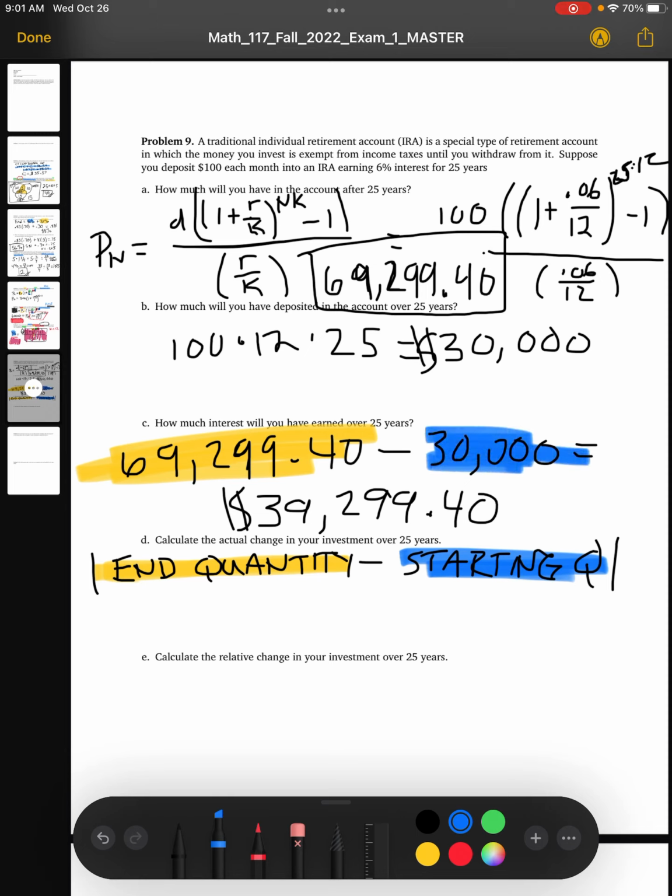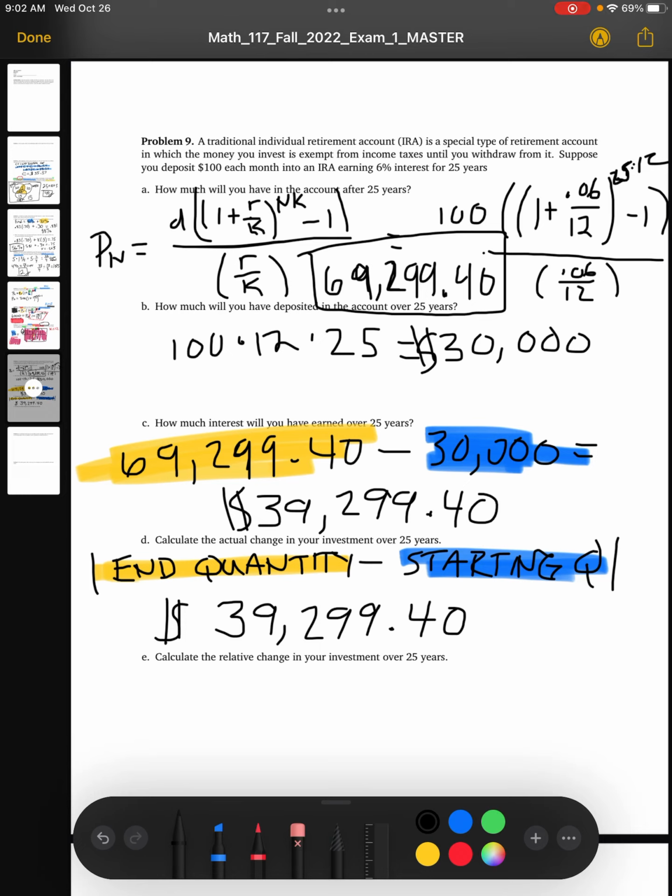And our starting quantity is how much money we put in. So the actual change in your investment, the money that you've earned, right, via interest, is good. Your investment went up. You earned money. Yay. I asked you D, even though it has the same answer as C, because I was trying to set you guys up for part E.